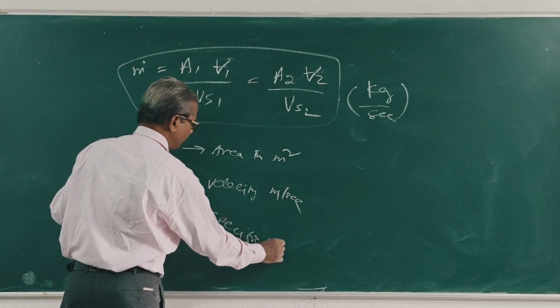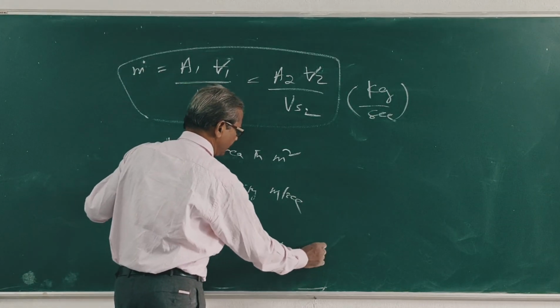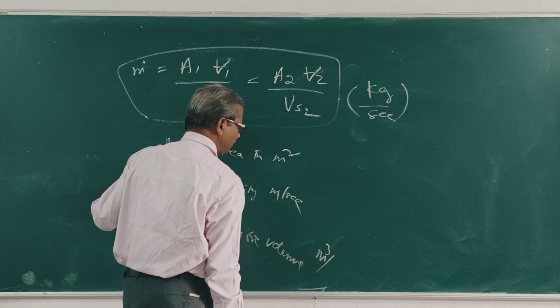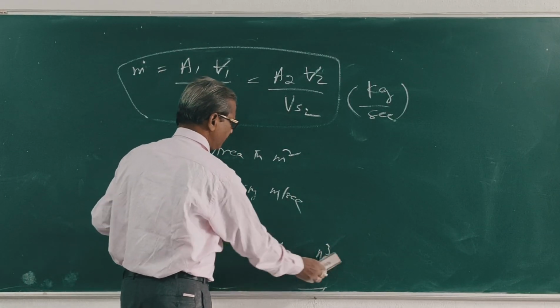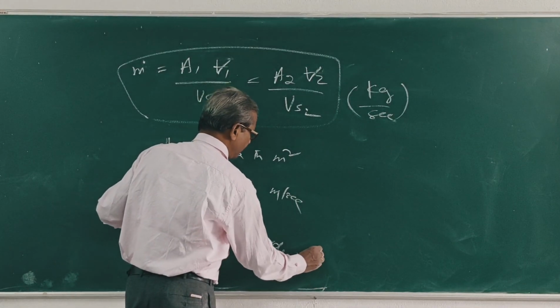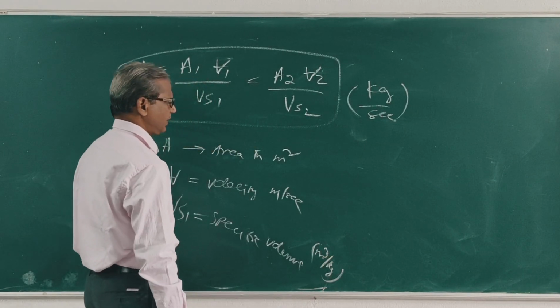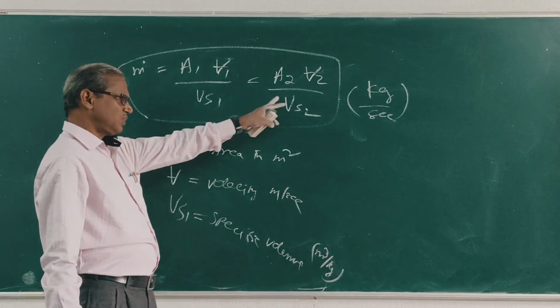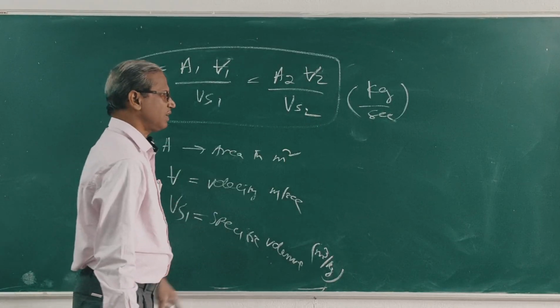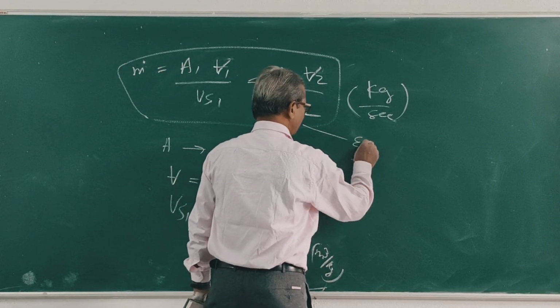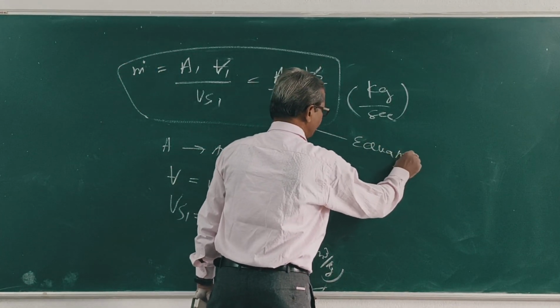Specific volume. What unit? Meter cube per kg. Right? Put all the units, you get this answer kg per second. This is the equation of continuity.